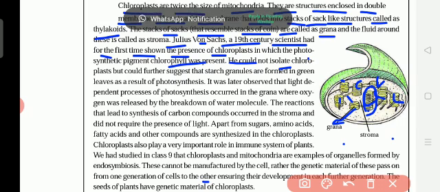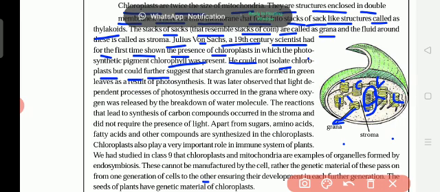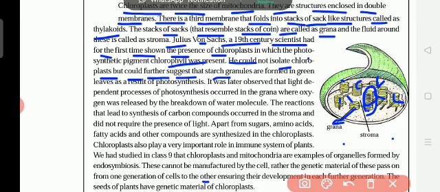He could not isolate chloroplast but could suggest that starch granules are formed in green leaves as a result of photosynthesis. These granules are formed from glucose molecules when photosynthesis is taking place.